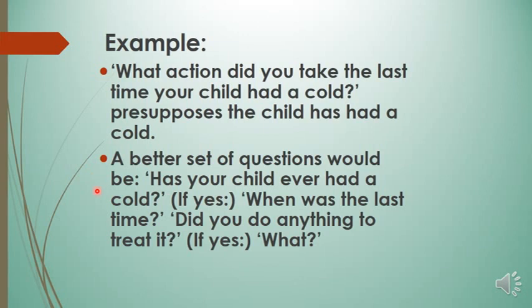If yes, when was the last time? Did you do anything to treat it? If yes, what? So first, we have to make sure, in this case, that the child has had a cold at a certain moment. So we cannot start by saying, what action did you take last time your child had a cold? Because you don't know if the child has had a cold.